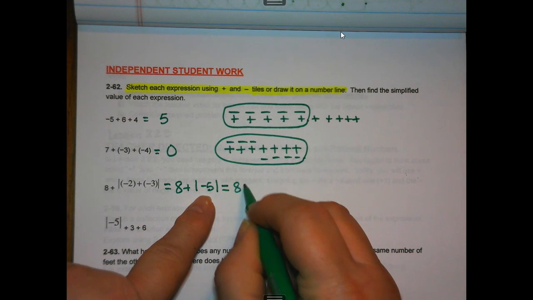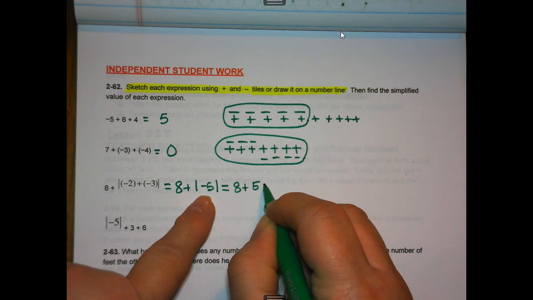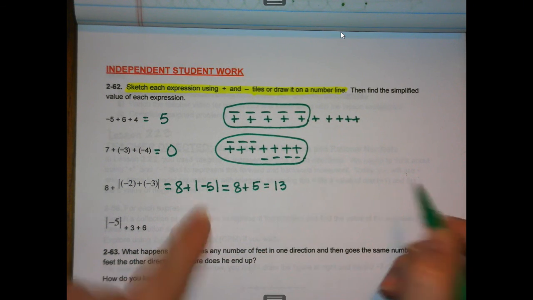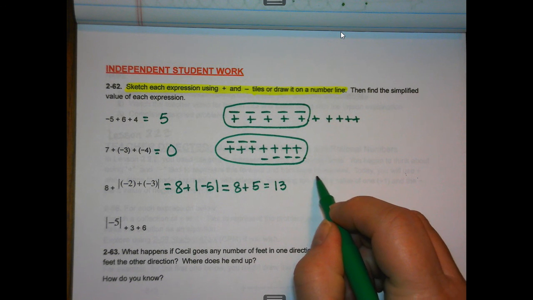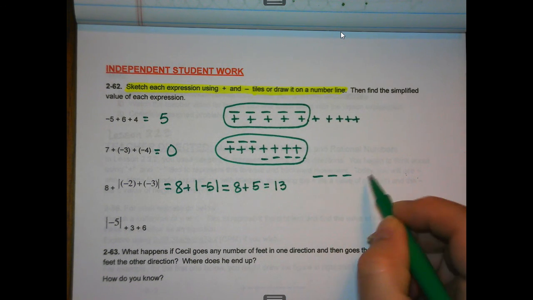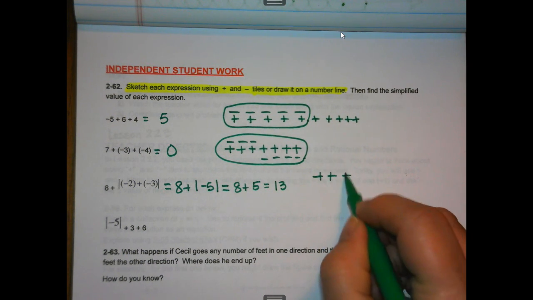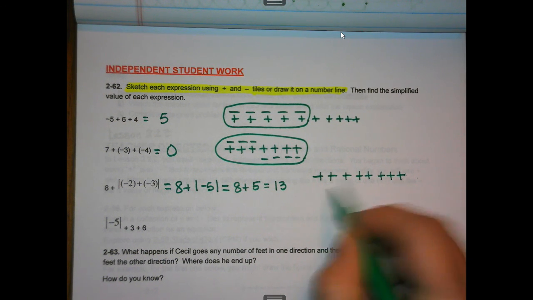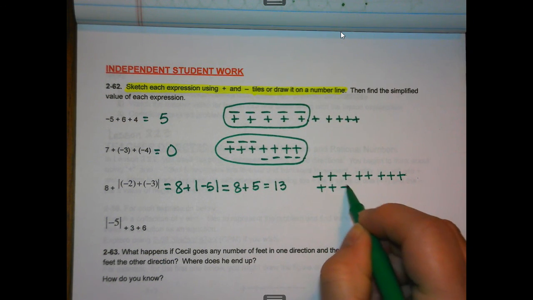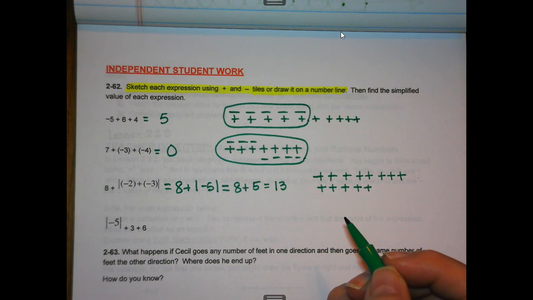So 8 plus 5 equals 13. Some of you don't feel that you need to draw them out, but the request was that you draw the problem out, so I'm going to go ahead and model what I expect you to do as well. So there's 3, and we end up having 13.